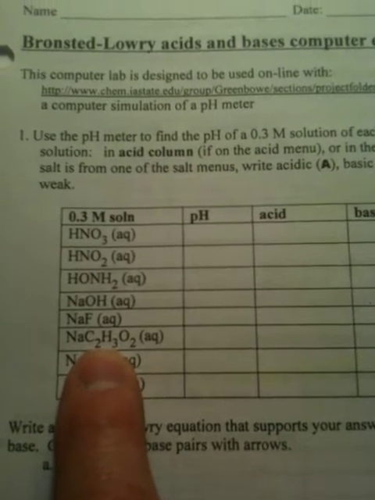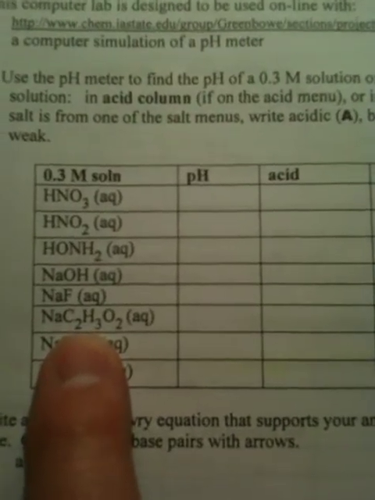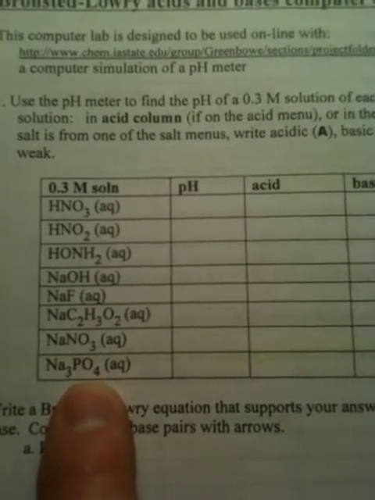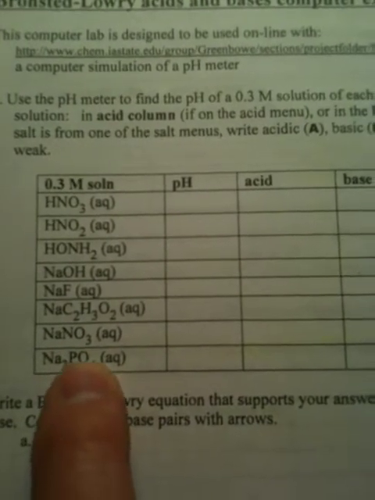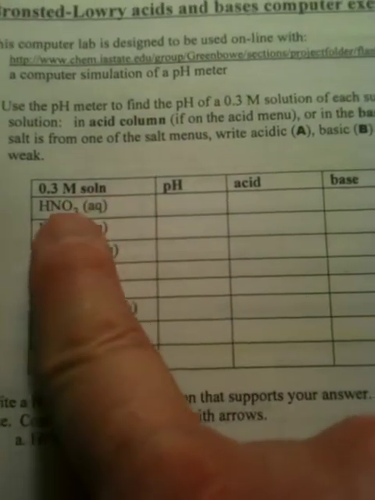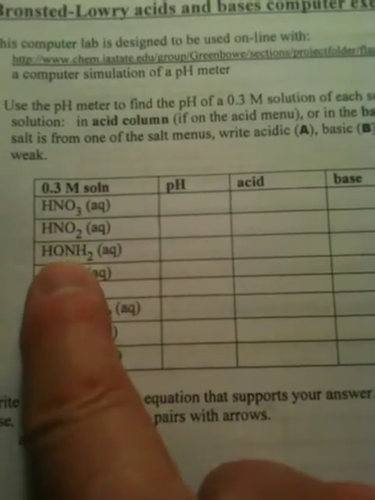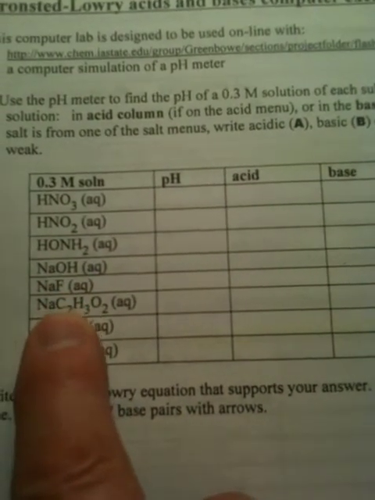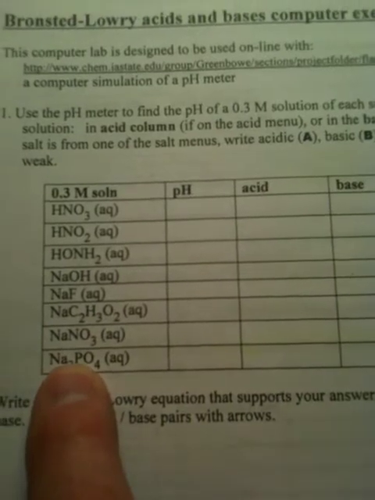Sodium acetate is going to show up as a salt, on a salt menu. And sodium nitrate and sodium phosphate. So these last 4 are all salts. To summarize, we have 2 acids, 2 bases, and 4 salts.